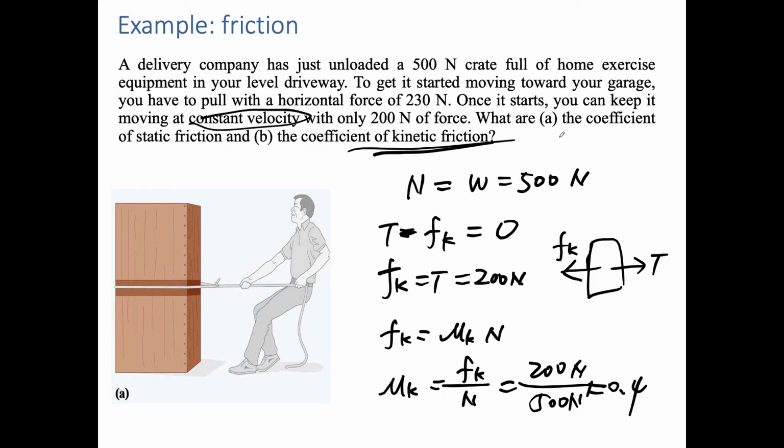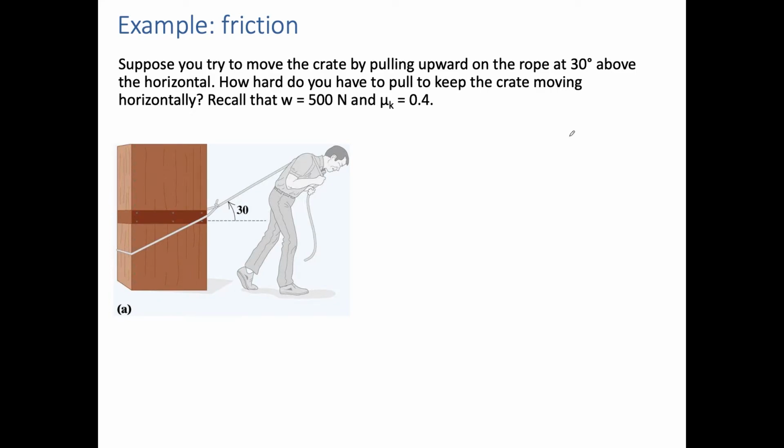The coefficient of kinetic friction is 0.4 in this problem. Okay, now if we want to pull this box, is there any way we can apply force smaller than 200 and it will move? So we need to build our free body diagram for this problem.